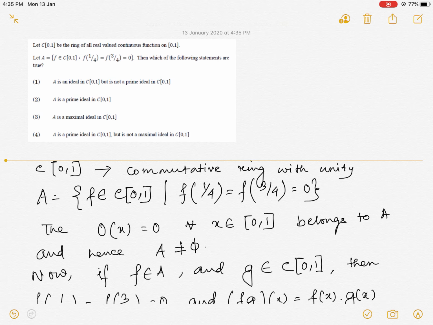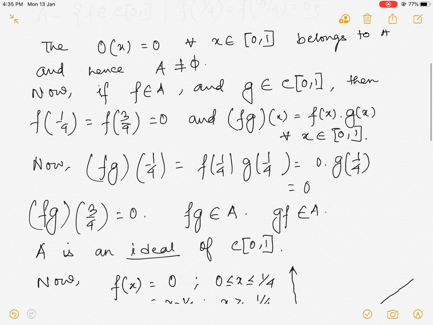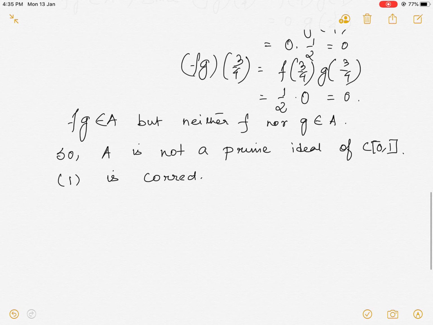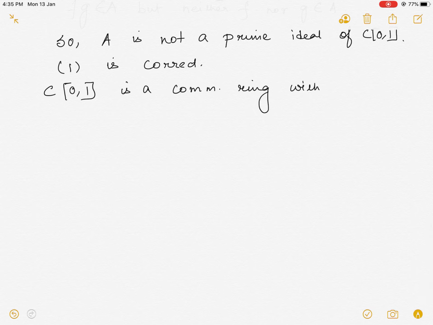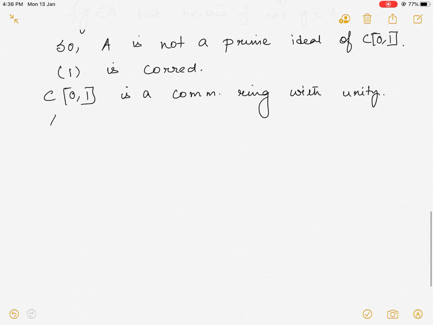We have checked that A is not a prime ideal, so 2 is false. For 3 and 4, C01 is a commutative ring with unity, and we have checked that A is not a prime ideal of C01.